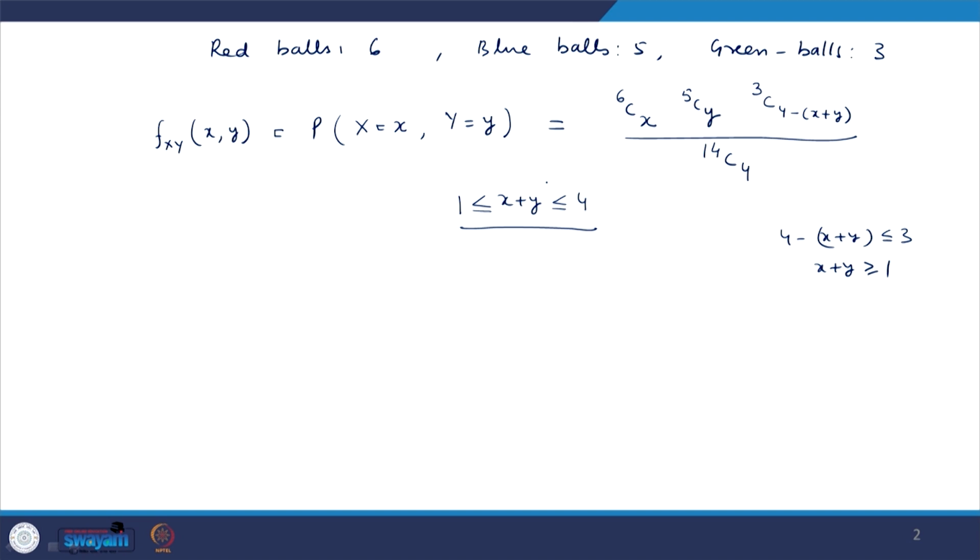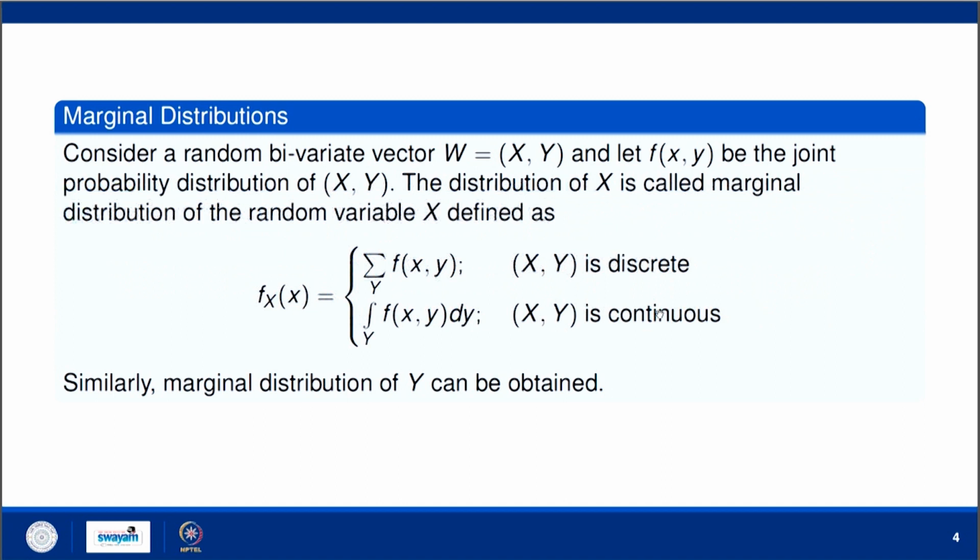Now, using this, if you want to compute the individual distributions of X or Y, we call them marginal distributions. So, let us discuss what marginal distributions are. Consider a random bivariate vector (X,Y) and let f(x,y) be the joint probability distribution of X and Y. The distribution of X is called the marginal distribution of the random variable X. If X and Y are discrete, then summing f(x,y) over y gives the marginal distribution of X. We are finding this from the joint distribution.